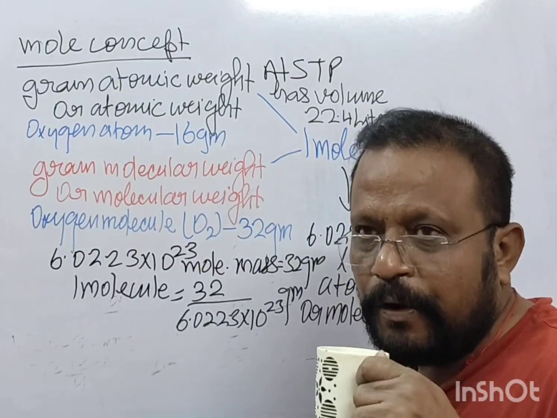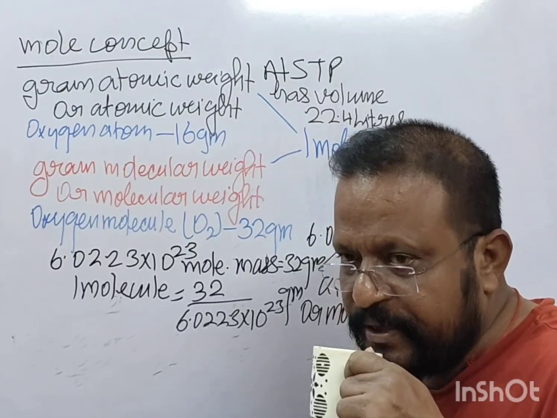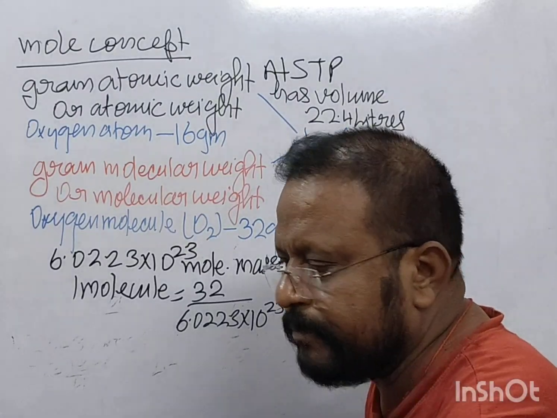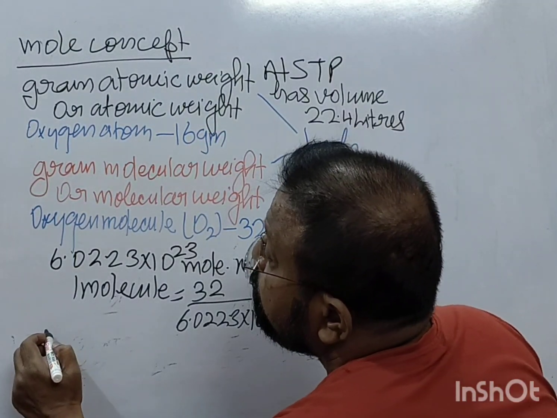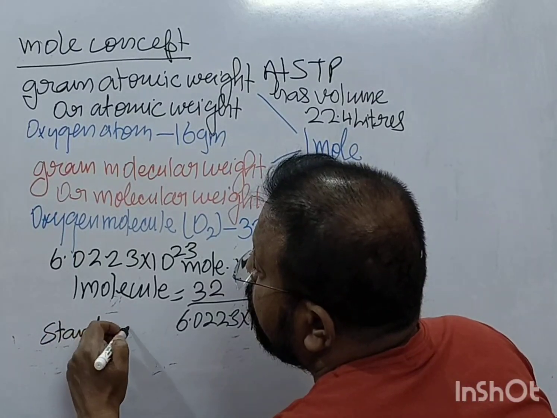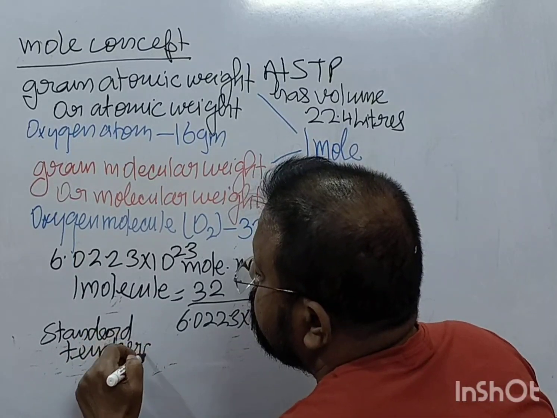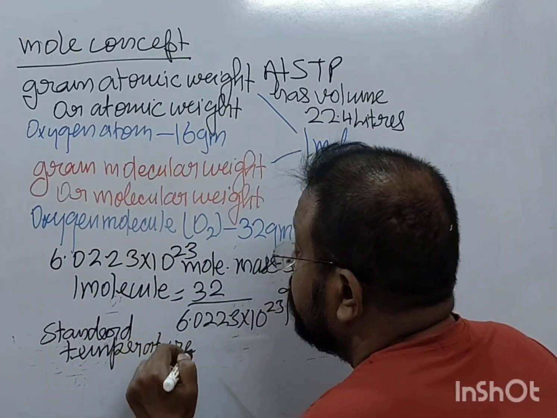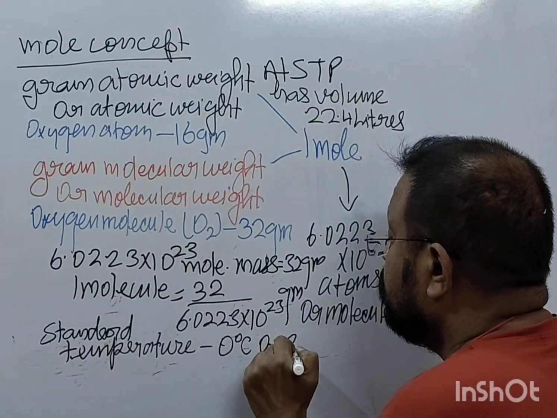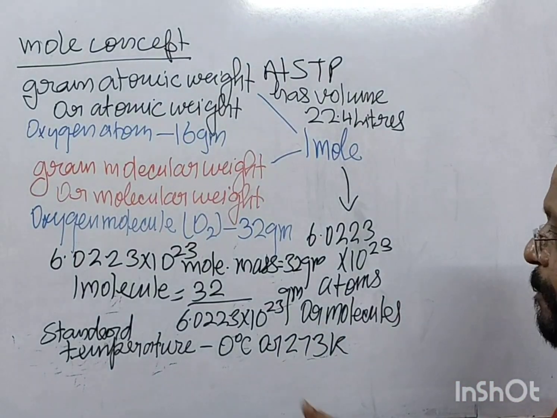Standard temperature क्या होता है? 273 Kelvin और 0 डिग्री सेल्सियस, and standard temperature is 0 degree Celsius or 273 Kelvin, right?